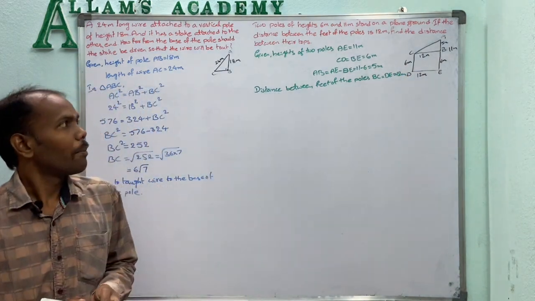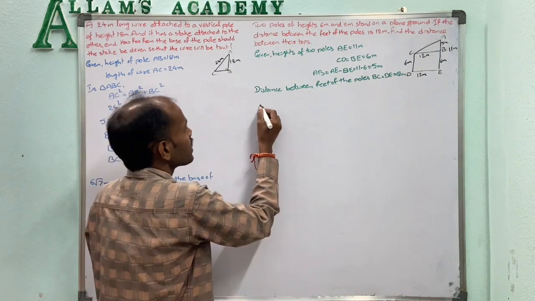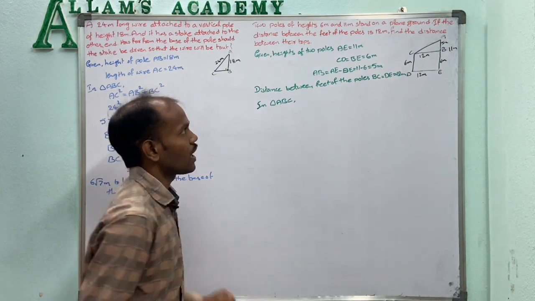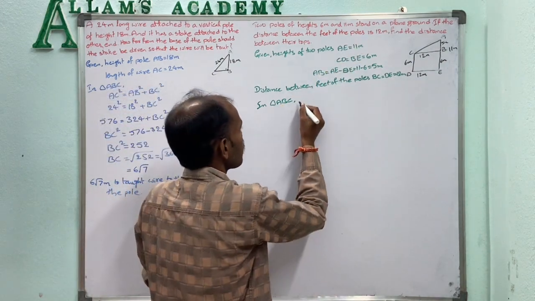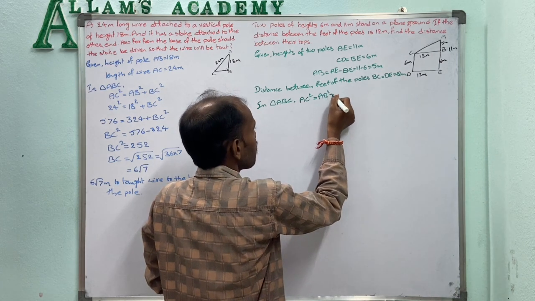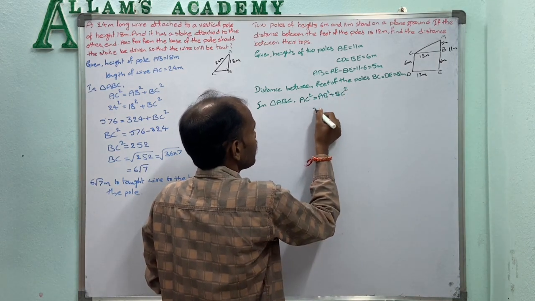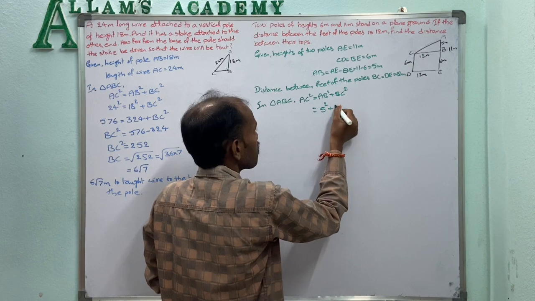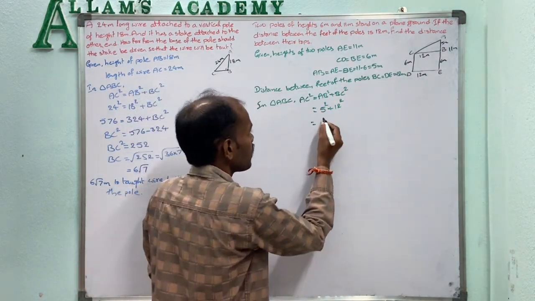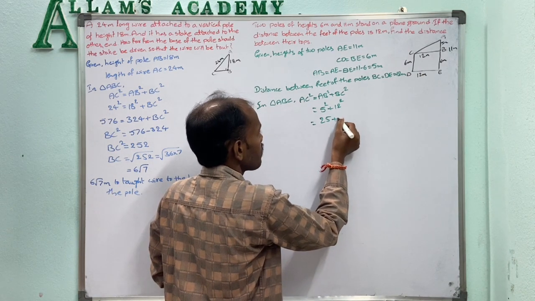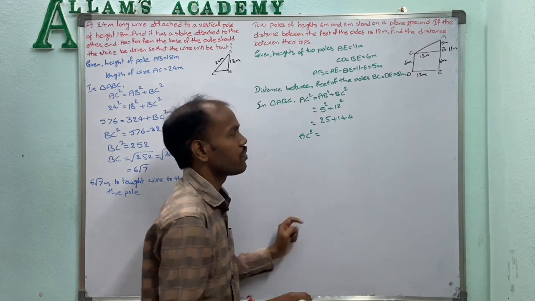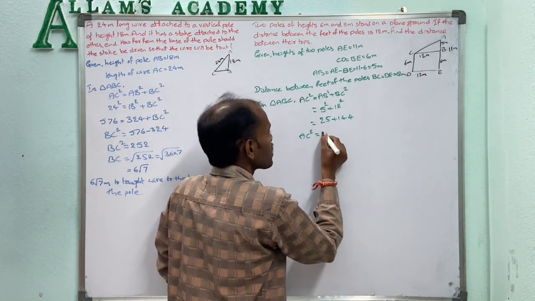Okay, so by Pythagoras theorem in triangle ABC, the hypotenuse AC, so AC square equals AB square plus BC square. AB equals 5 square, BC square equals 12 square. So 5 square equals 25 and 12 square equals 144. So 25 plus 144 is nothing but 169.